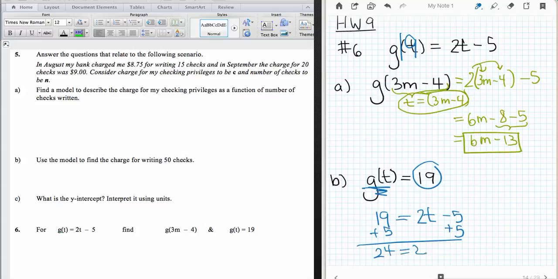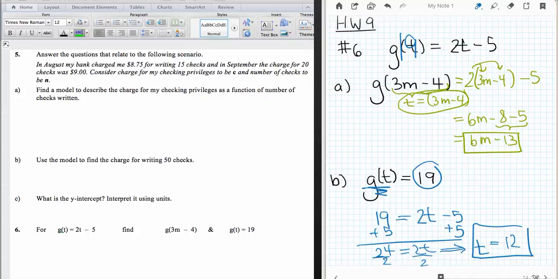And that equals 2t, and then I'll solve for t by dividing by 2, and that tells me that t is equal to 12. So that's the value of t to give me the value of the function being 19.